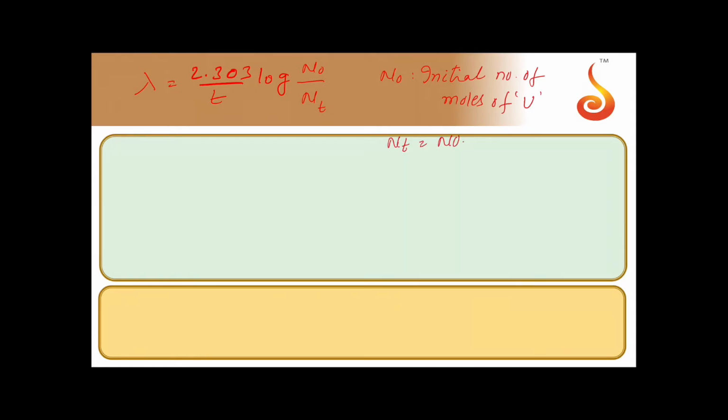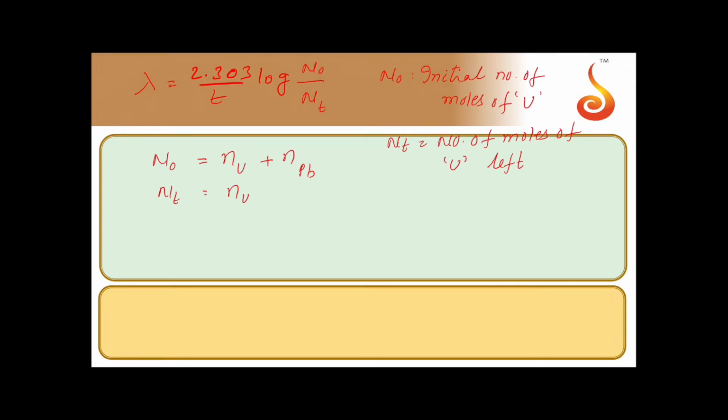Now for N0, we'll take the number of moles of uranium plus the number of moles of lead in the mixture, and for Nt we'll take the number of moles of uranium itself.